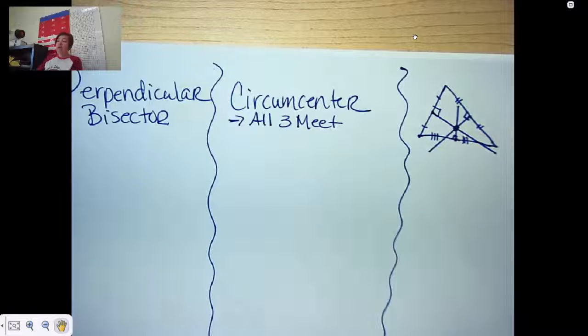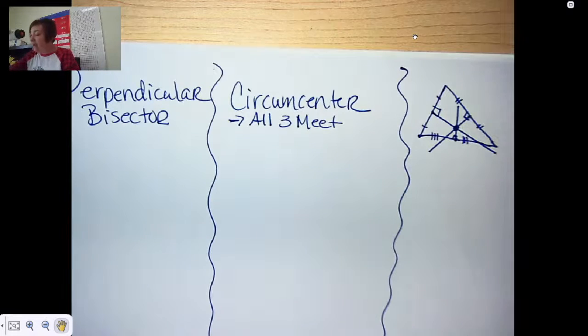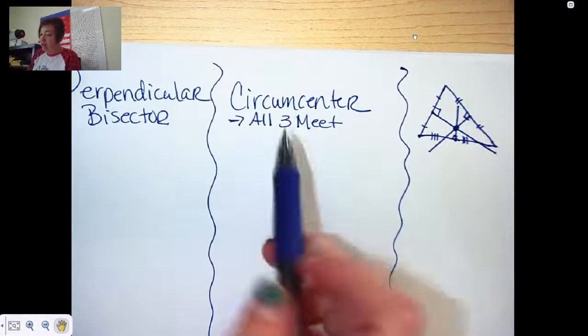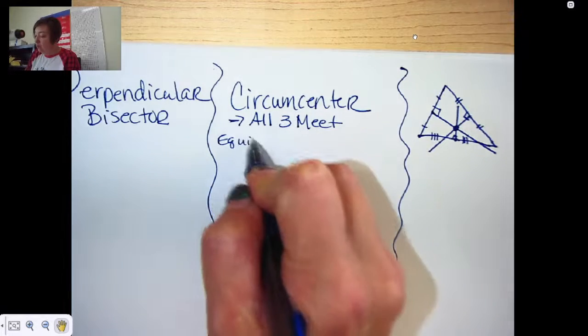Now, based on what the triangle looks like, the circumcenter might be inside the triangle. It might be outside the triangle. It might be on the triangle. But they all 3 meet at one point. And that point where they all 3 meet, that circumcenter, is equidistant. What does that mean?